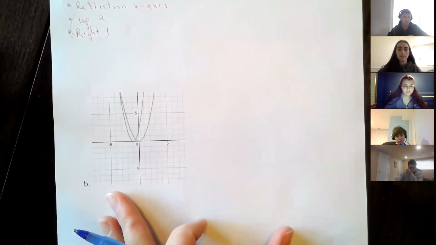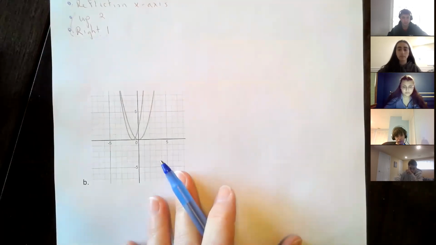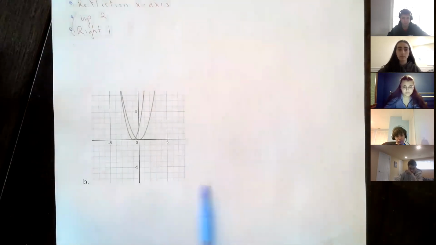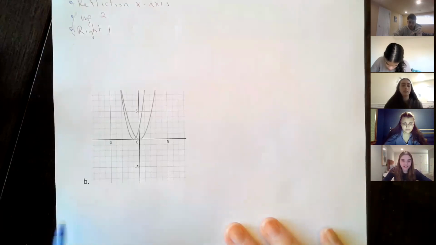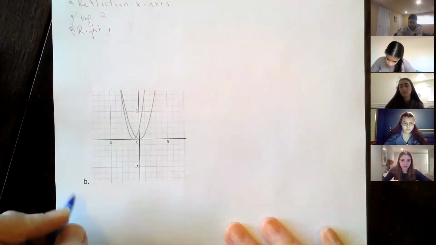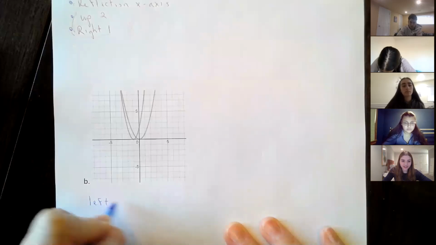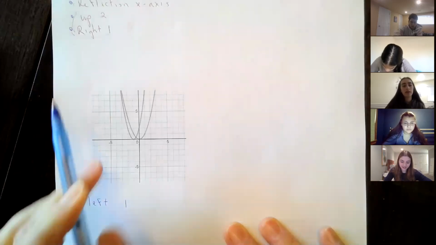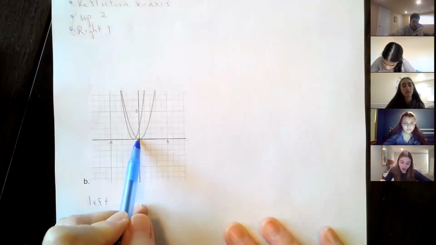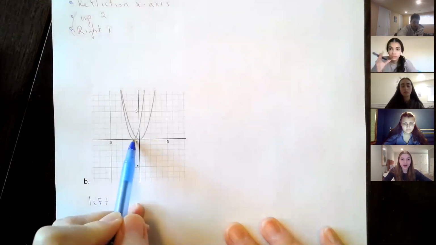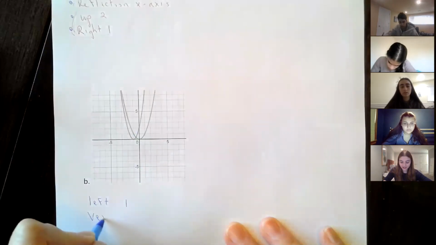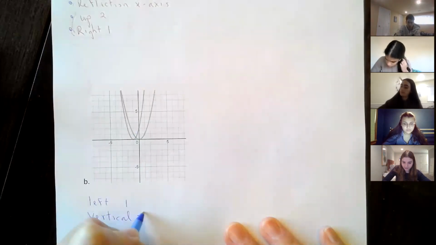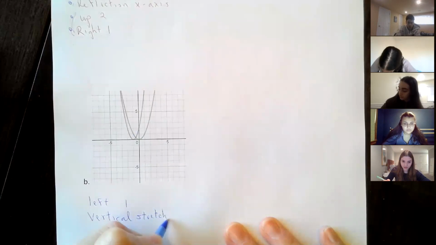Okay, I have to go now. All right. So here's another one. This is again y equals x squared. Yes, Emma. All that happened is it moved left 1. There's one more thing that happened that I want you to take a look at. It looks like a vertical stretch. All right, so we also have a vertical stretch of 2.